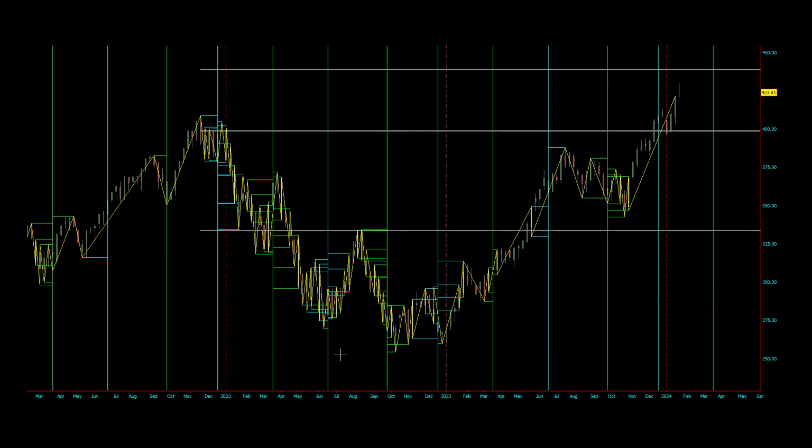Now the question is, how do we handle it if we take that pivot and the market is going down? We have other ways to find those bottoms, but we want to just check how the trend lines can be used.